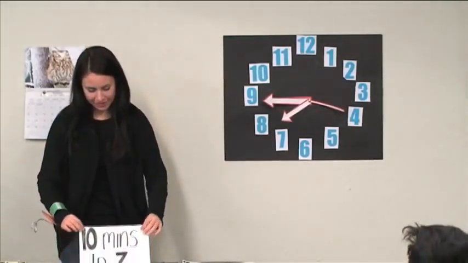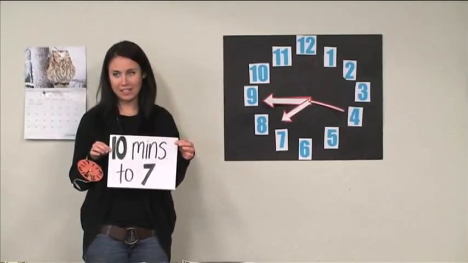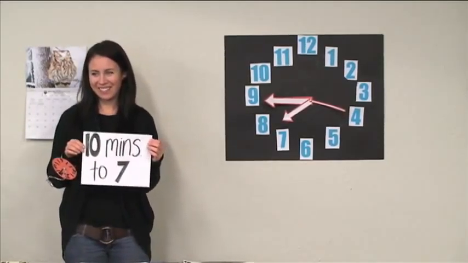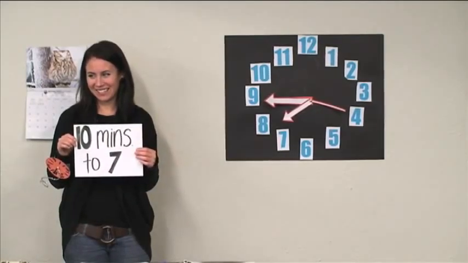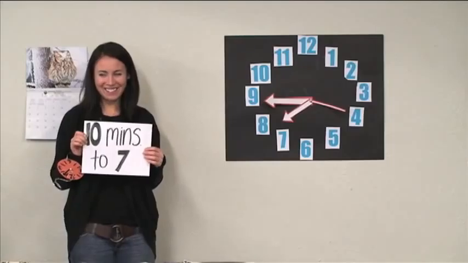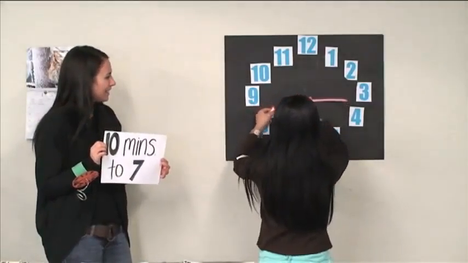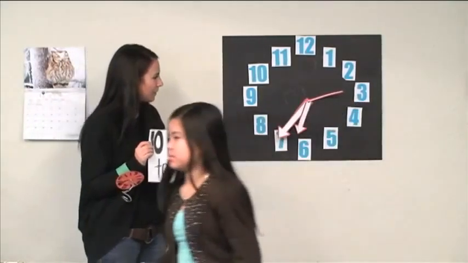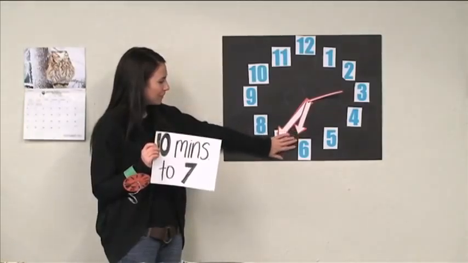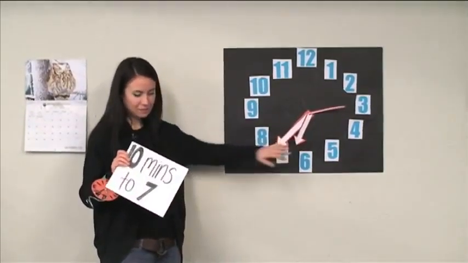So we've got another one here. 10 minutes to 7. Does anybody want to try this? Arzani, do you want to try this one? Sure. It's okay if you don't get it. We'll help you. 10 minutes to 7. Okay. So we've got the hour of 7 here.